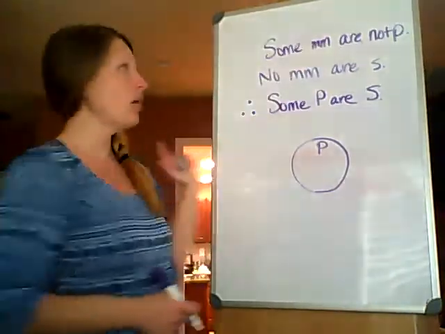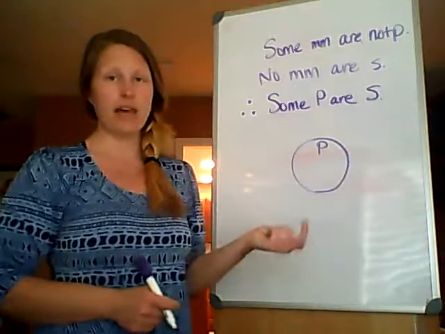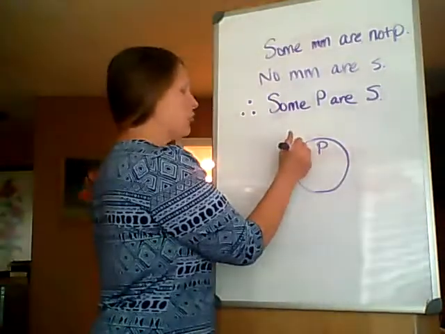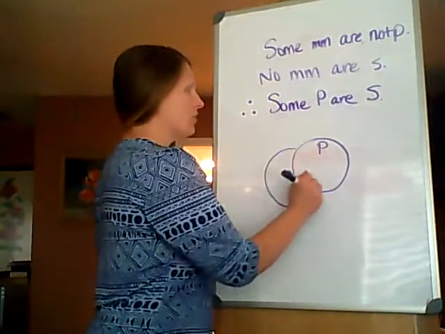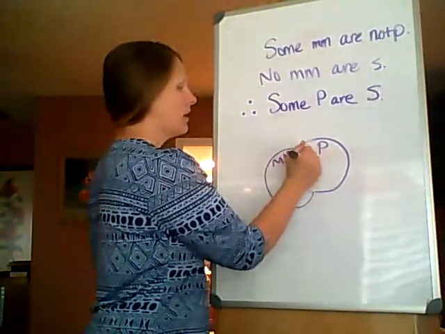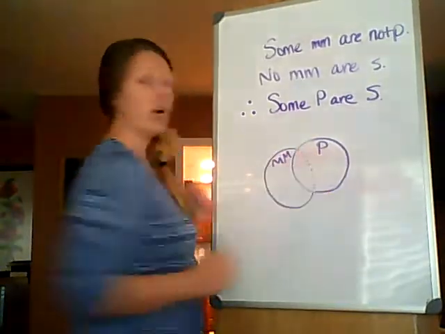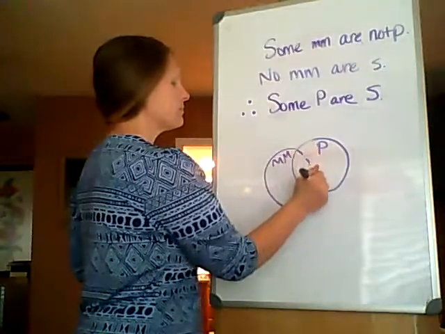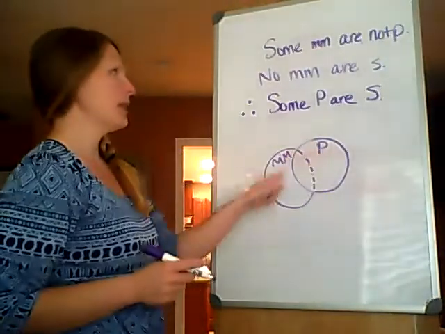I do not know if there are some that are in the category. All I know is that there are some that are not. So I'm going to draw the some that are not over here. And these are the modern maps. I don't know if there's some that are in there. That's why I draw a dotted line right there. Okay, so some modern maps are not parchments.